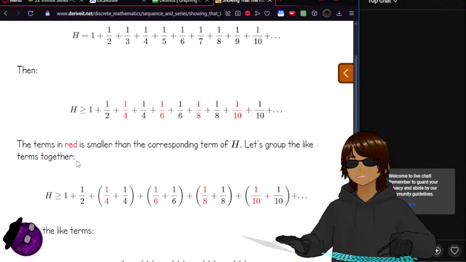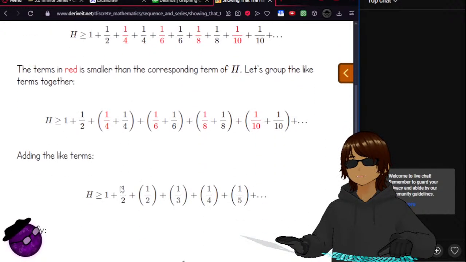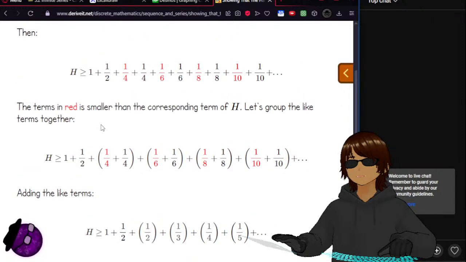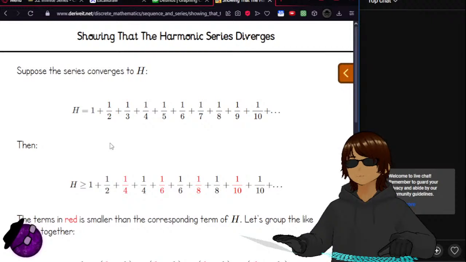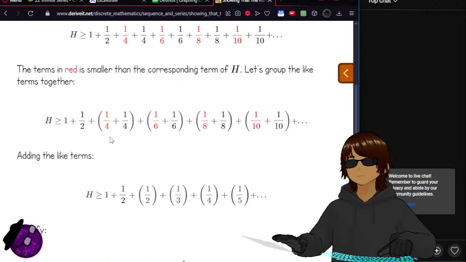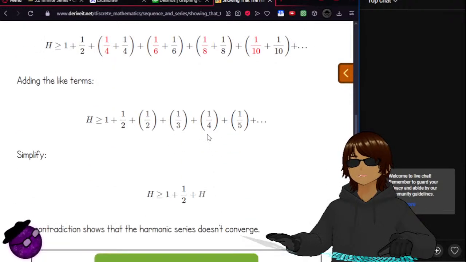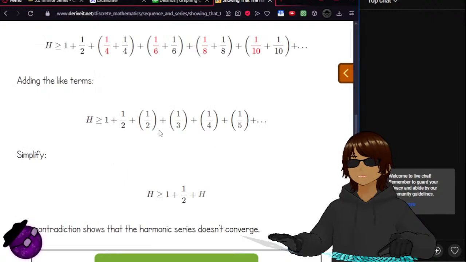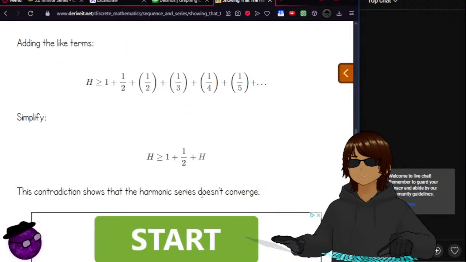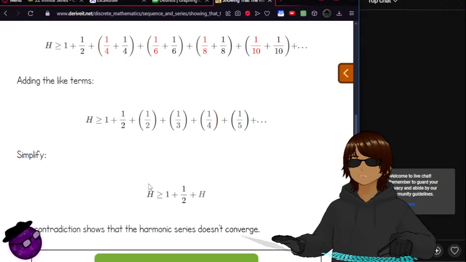Let's group the like terms together, and then we are left with half plus 1/3 plus 1/4 plus 1/5. Then since all this is equal to h, there's a contradiction over here.